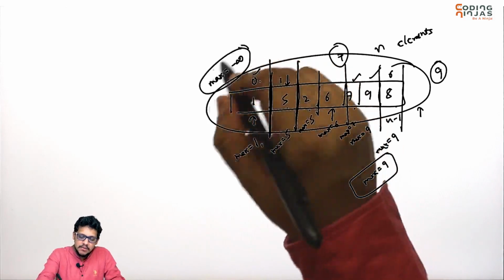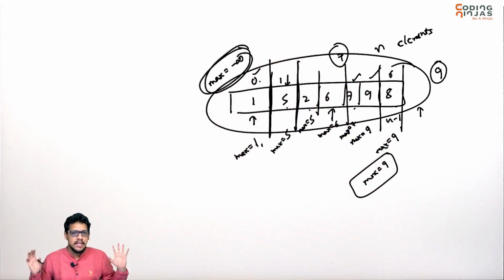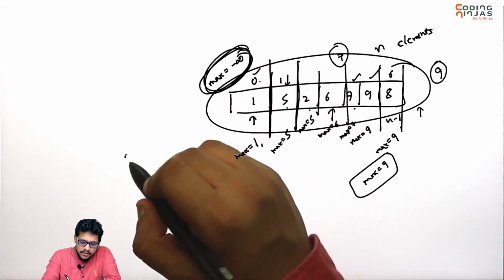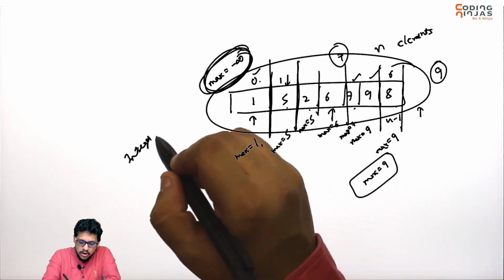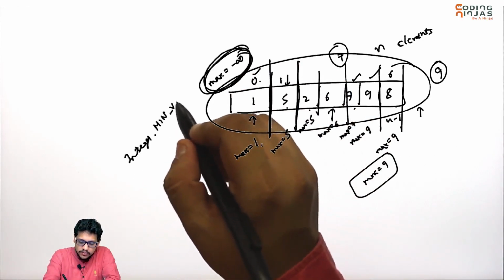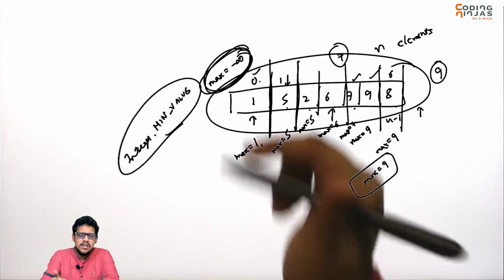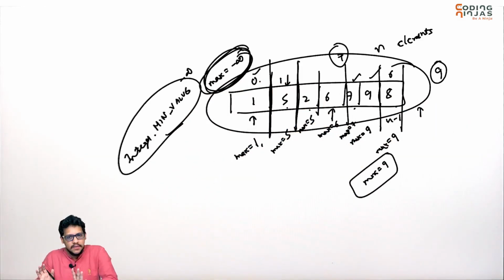Initially I will maintain the maximum to be minus infinity. That means if I have an array of 0 elements, my answer will be minus infinity, or in our case it will be Integer.MIN_VALUE. Integer.MIN_VALUE is the lowest integer possible, so we can say it is close to minus infinity.